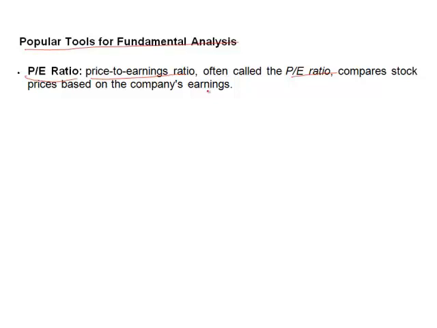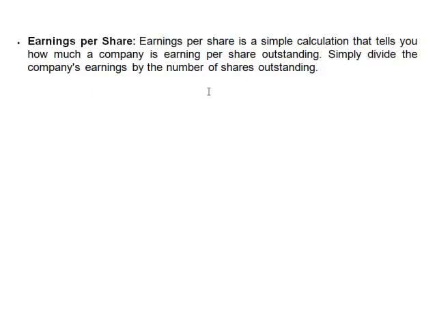Another one is earnings per share. Earnings per share is a simple calculation that tells you how much a company is earning per share outstanding. You simply divide the company's earnings, which means profit after tax, by the number of shares outstanding.